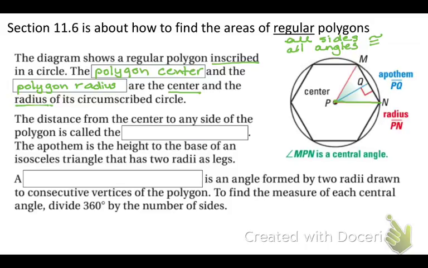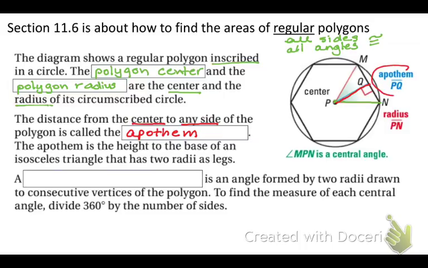The distance from the center to any side of the polygon is called the apothem. Why it's named that, I have no clue. It's probably in the Greek somewhere, okay? So any line, for instance, this blue line right here, that is the apothem.